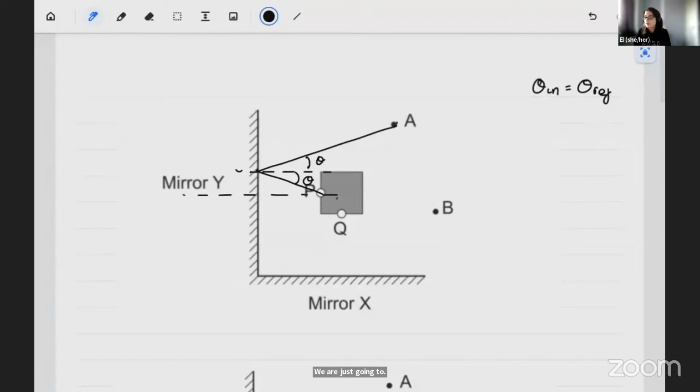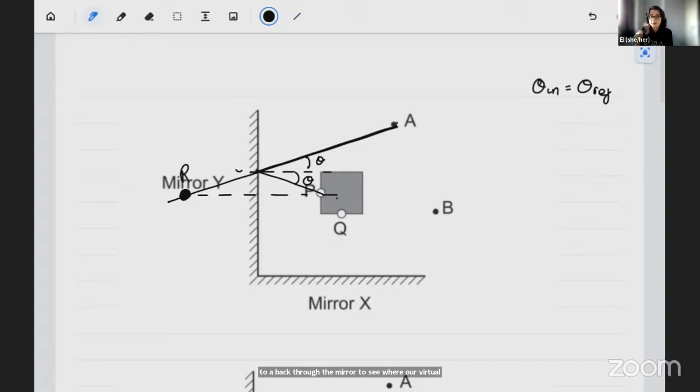We're just going to extrapolate the visible ray that leads us to A back until it crosses with the light coming from P. So that's this point here. All we've done there is extrapolate our light ray that goes to A back through the mirror to see where our virtual image would be created.